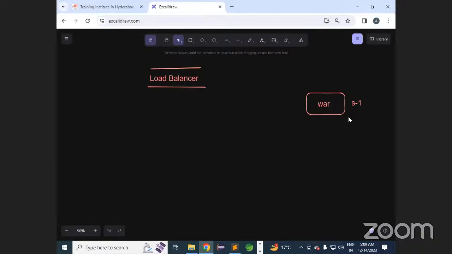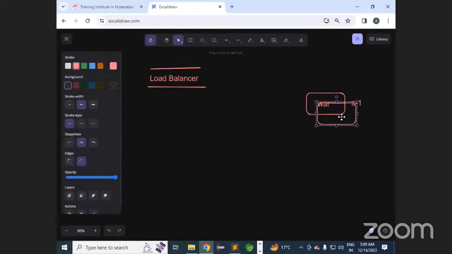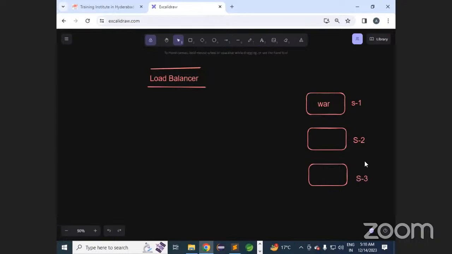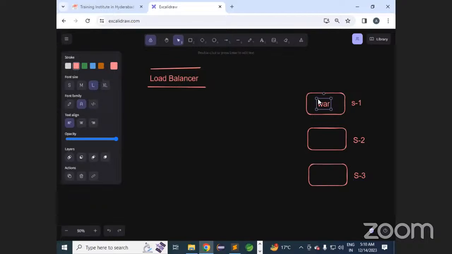So this is server 1, server 2, server 3, like this server 4, server 10, depending on the requirement. Same project, same war file, but it is running on the 3 servers.